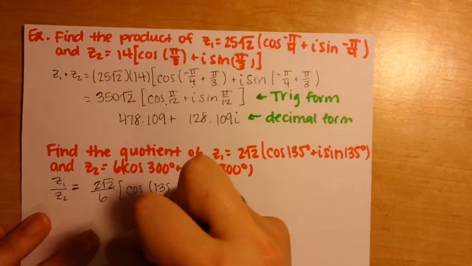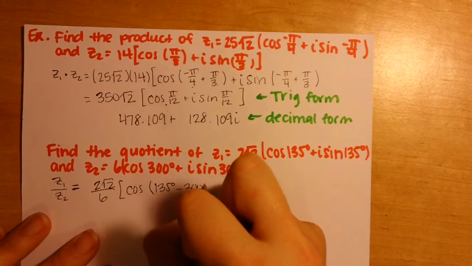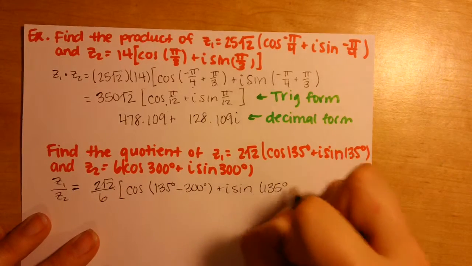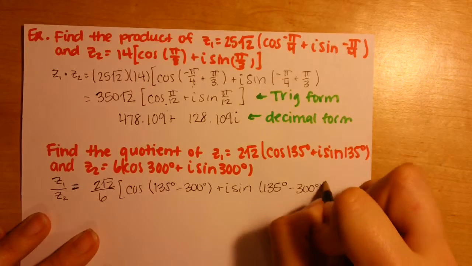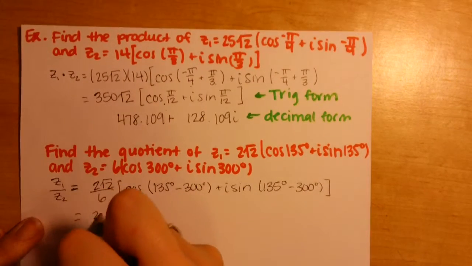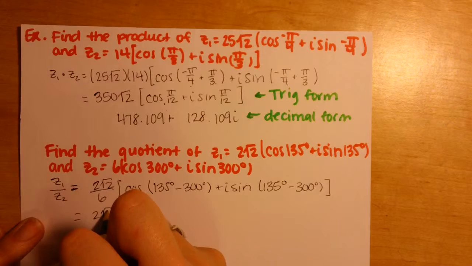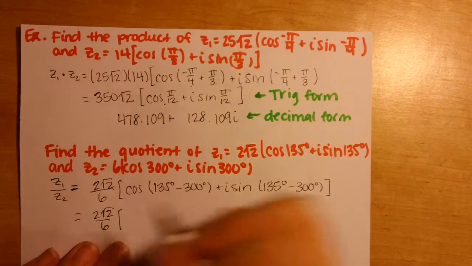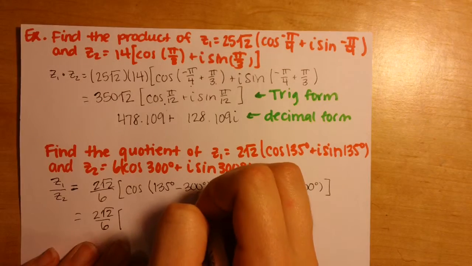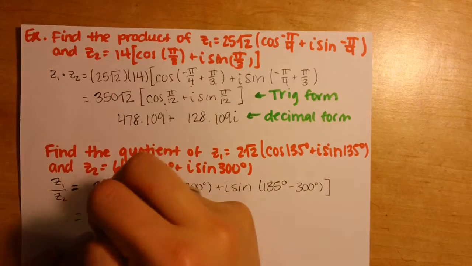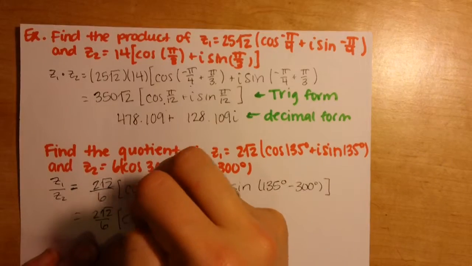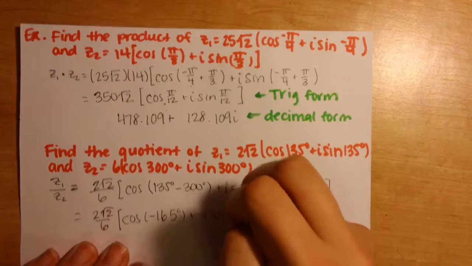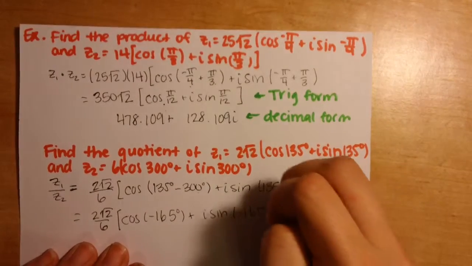So I have 135 degrees minus 300 degrees, plus I sine of 135 degrees minus 300 degrees. So that's going to give me 2 square root of 2 over 6 times, now I subtract these, I'll have the cosine of negative 165 degrees plus I sine negative 165 degrees.